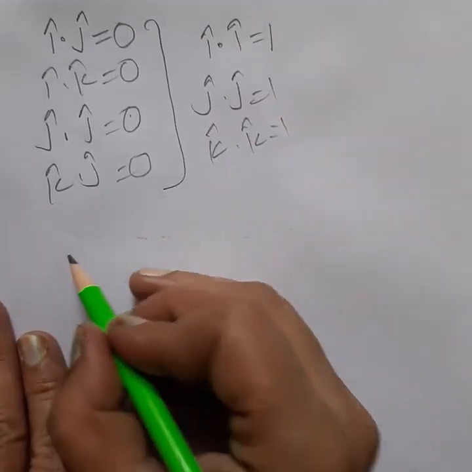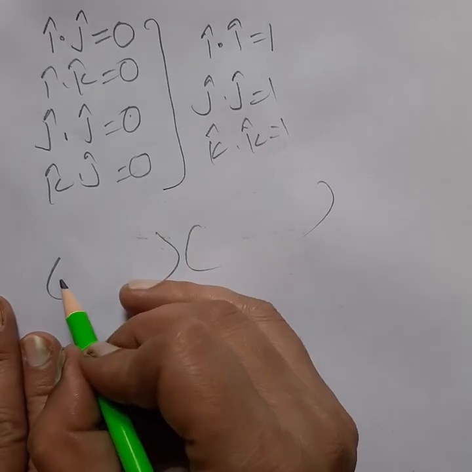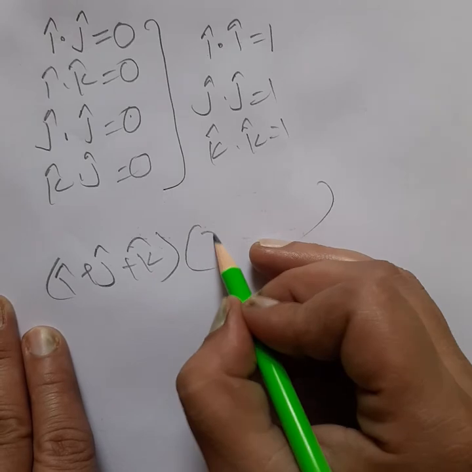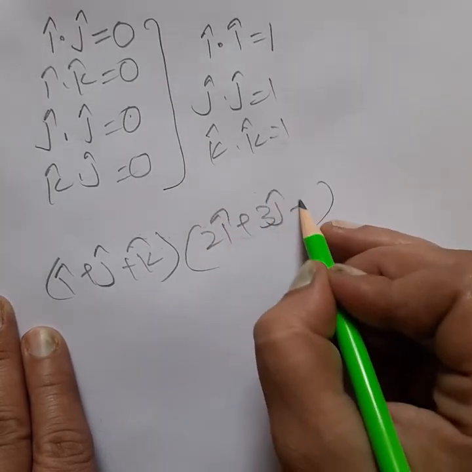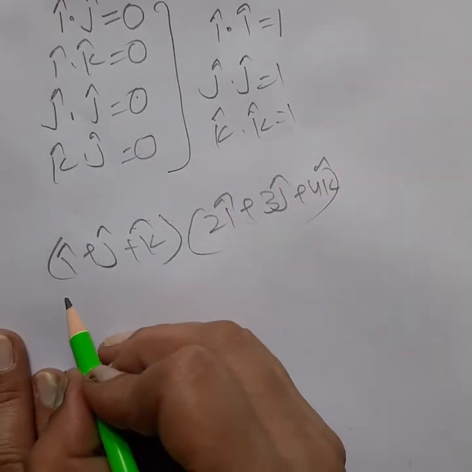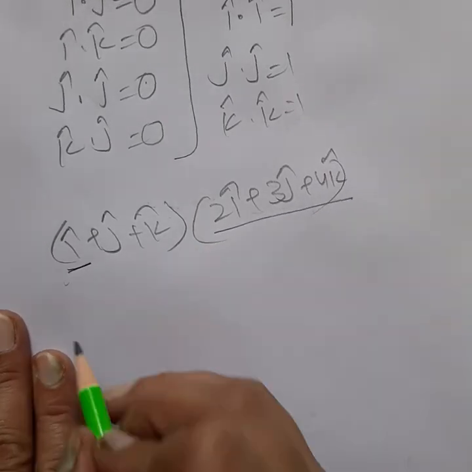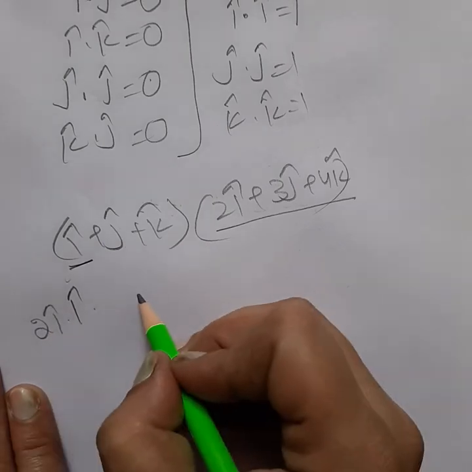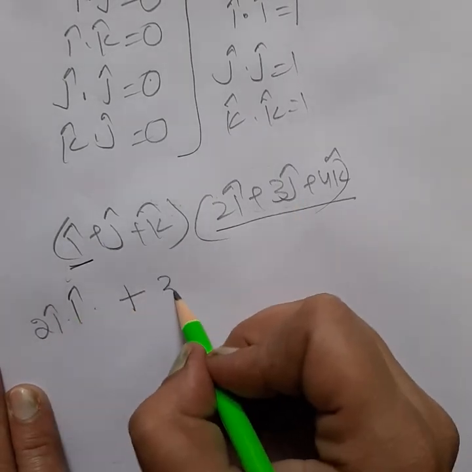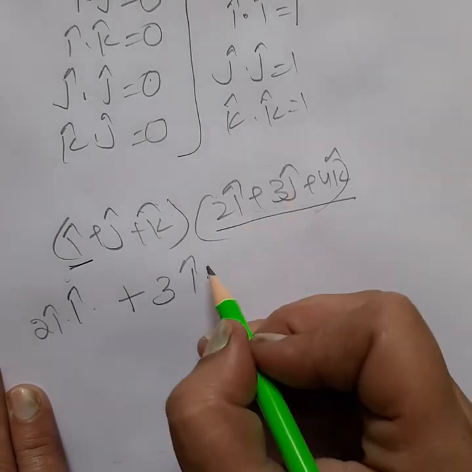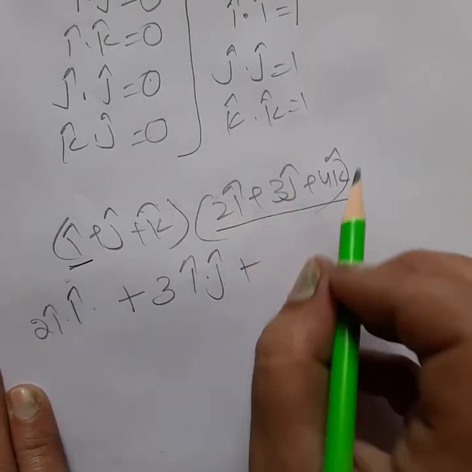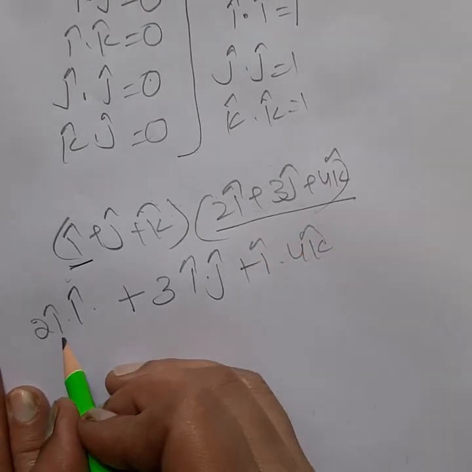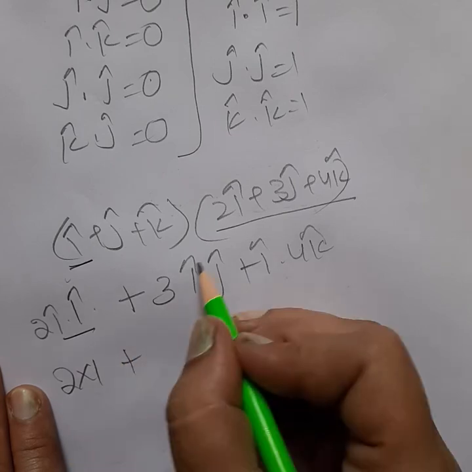So students, when we multiply both brackets, i plus j plus k, and for example you multiply 2i plus 3j plus 4k, when we multiply i with 2i, and when we multiply i with 3j, and when we multiply i with 4k, we get i dot i is 1, so we get 1, and i dot j is 0.